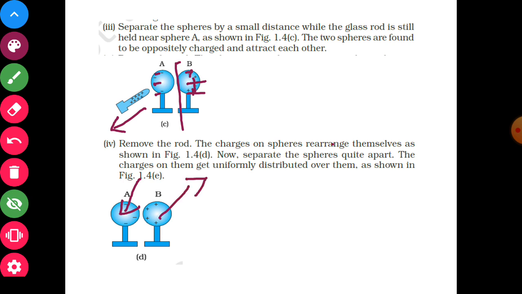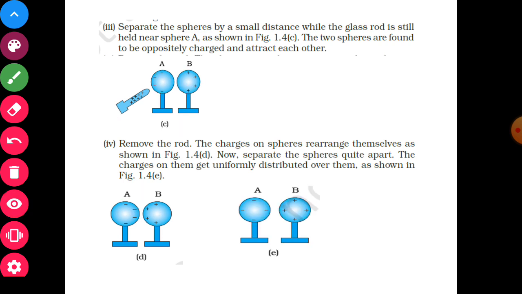Positive will reside on B and it will be redistributed, and the final picture would be like this. This sphere has become negatively charged and this sphere has become positively charged, and this is charging without any contact. So it is charging by induction. Okay, thank you.